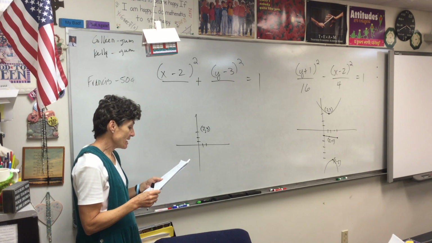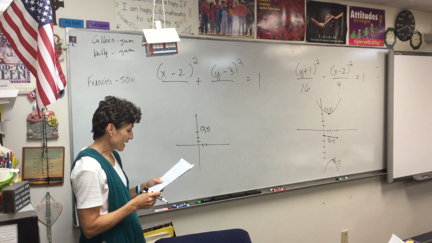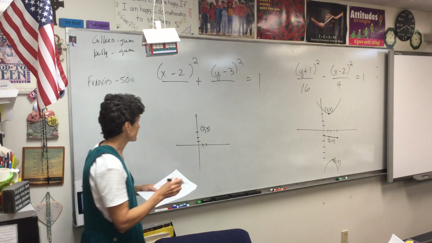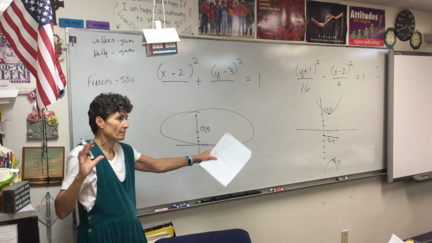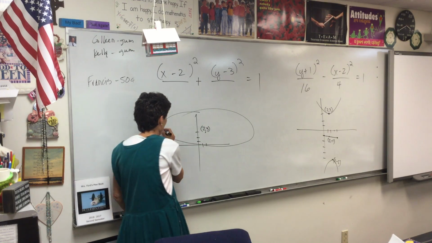Now, it says the major axis is 12, the minor axis is 4, and it's stretched horizontally. That means your ellipse has this shape. It's this way. And the major axis is 12.